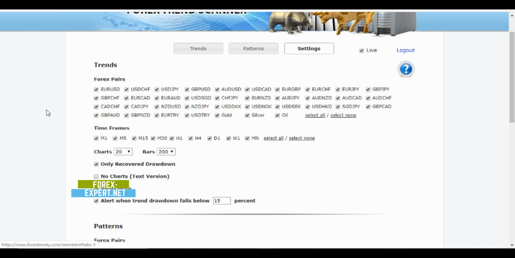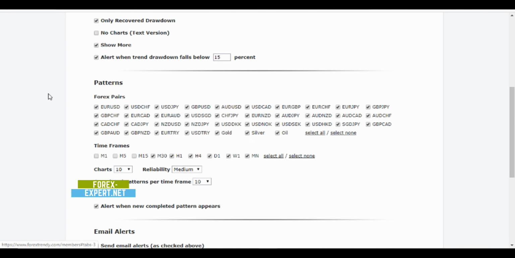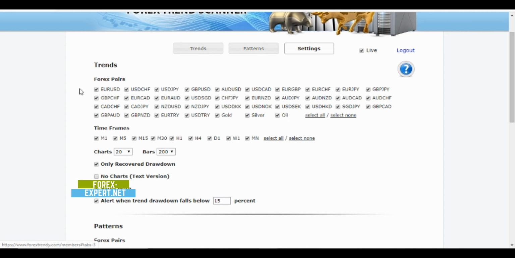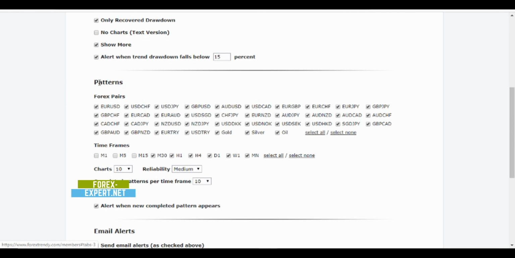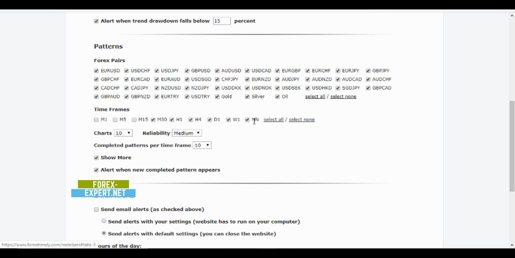To select your trading mode, you will click on settings. You will find this page, trends and patterns. As you can see here, you find Forex pairs. You got 34 Forex pairs, the common ones plus the exotic, and 3 commodities: gold, silver, and oil. Time frames, I'm using the 30 minutes, hourly, 4 hours, daily, weekly, and monthly. I'm not a fan of scalping because I think it's stressing, but I know traders that are very good with scalping.